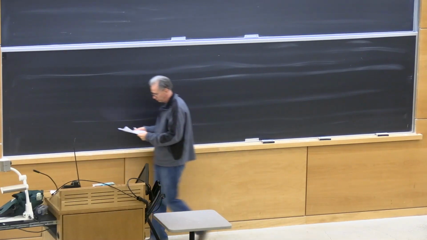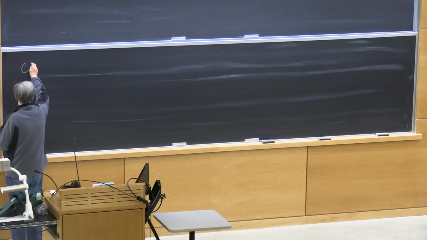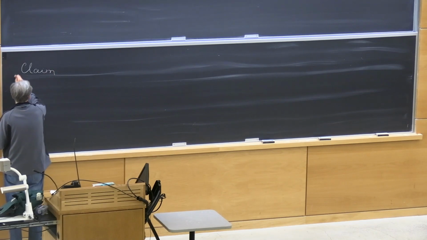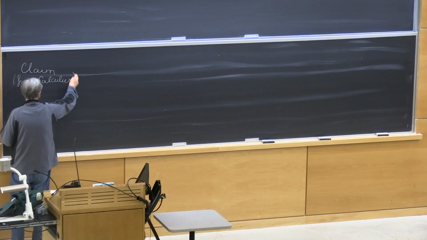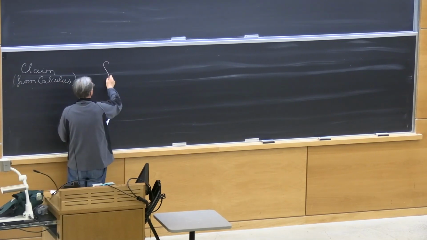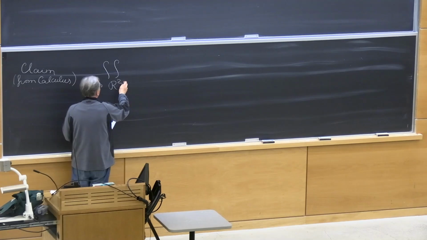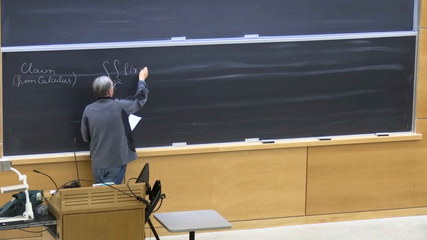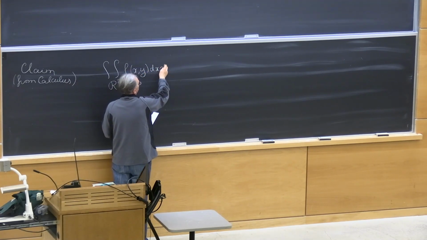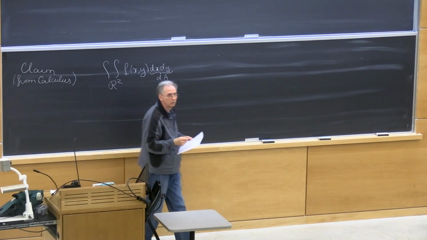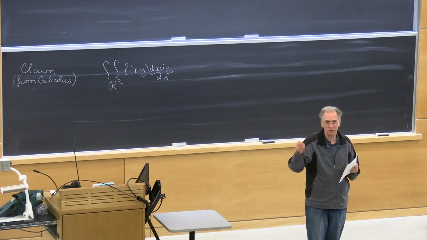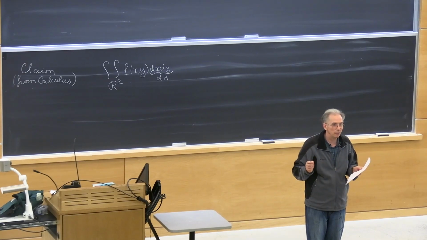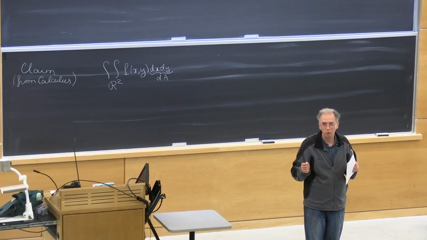Okay. So it's a claim from calculus that the double integral over R squared of f of x, y. So you can write dx dy. Of course, you can write dA if you want. So technically speaking, you need to write dA if it's integral over R squared, but dx dy is permitted.